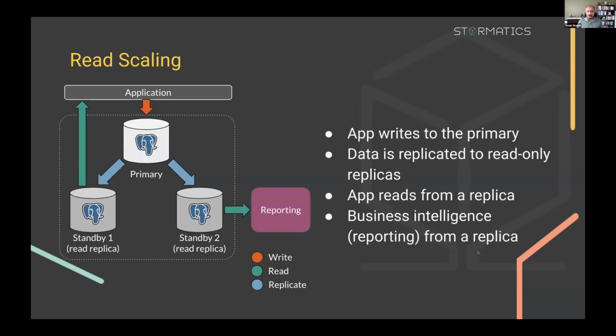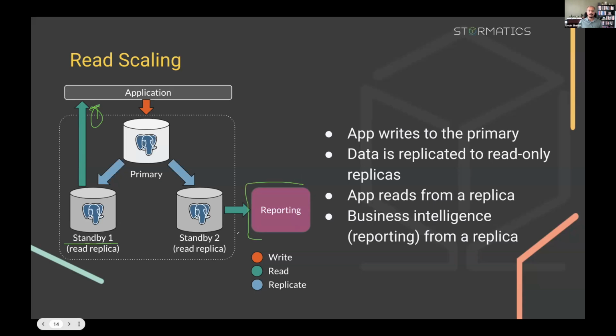And this is a visual depiction of what a hot standby would look like. If you see in this diagram on the left over here, the read requests from the application are being serviced by standby number 1, which is a read replica. It's a hot standby. And maybe there's a reporting application, maybe there's business intelligence software that the organization wants to use.